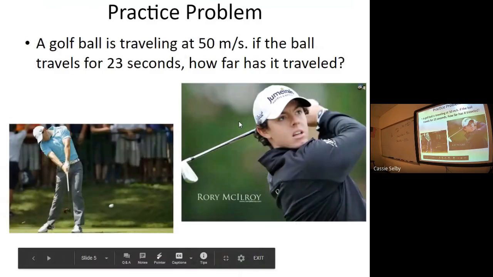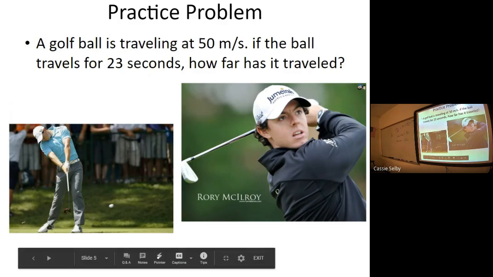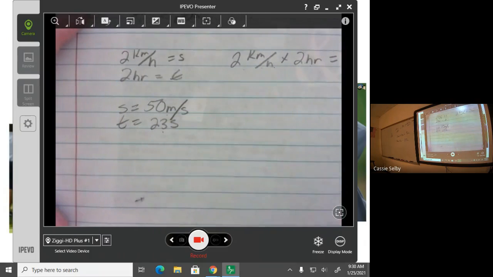Now we have a golf ball traveling at 50 meters per second, so we have a speed, and it travels for 23 seconds, so that's our time. I'm going to label that as my T. And what we are looking for again is distance.